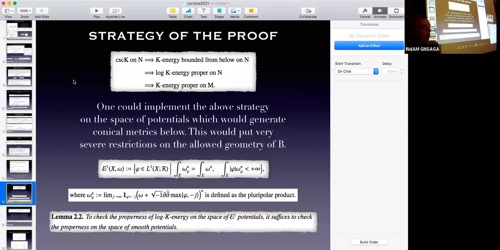Removing compactness? No, I mean, given the audience, people might be more interested in playing these kinds of games over some kind of domains in C^n and then lifting to something, or in non-compact objects with given boundary behavior or asymptotic behavior at infinity.